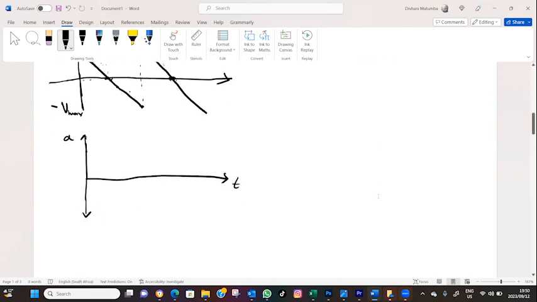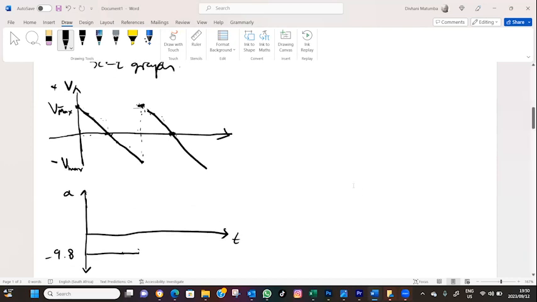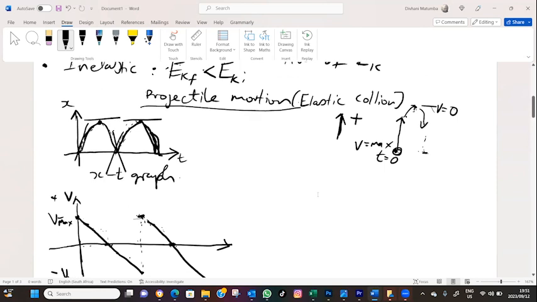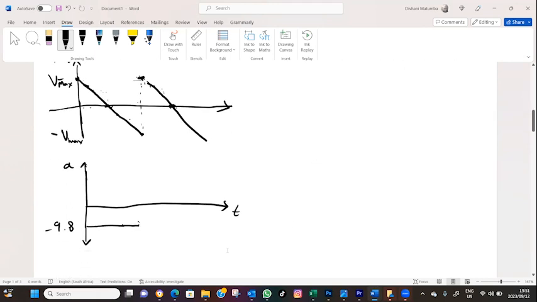So you will have a negative acceleration up until there. And this is the point of discontinuity.